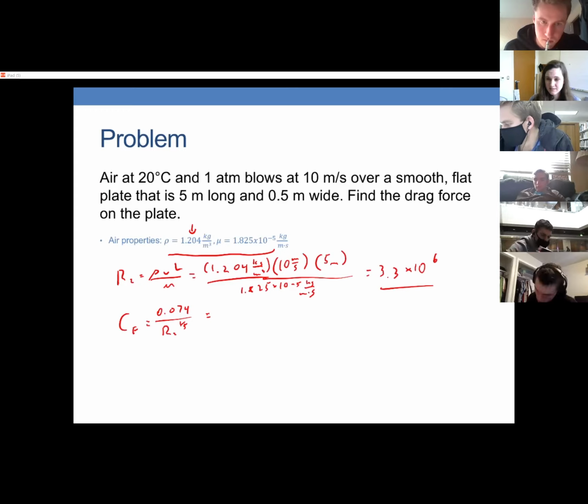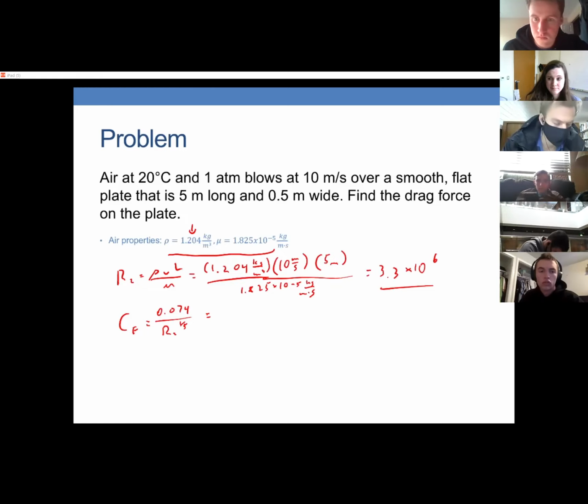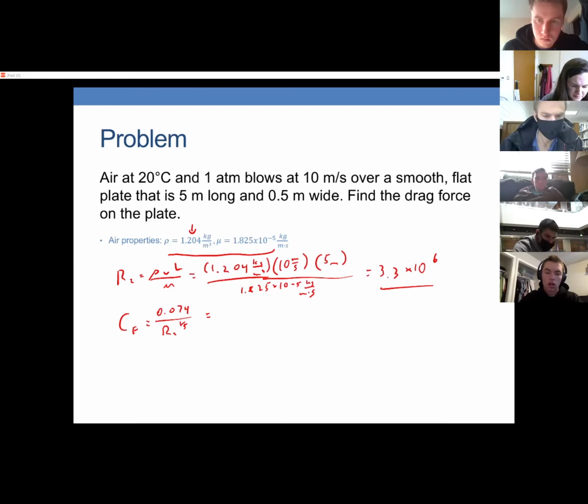someone plug it in and tell me what you get. Is that a 0.074 or a 0.034 up top? That's 0.074.